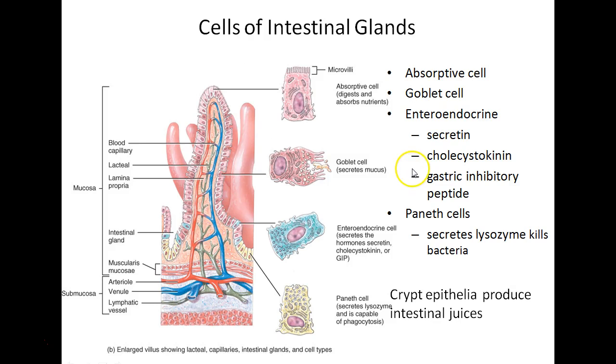And then also cholecystokinin is, by the way, abbreviated by CCK. These together are going to be hormones that decrease stomach motility and also secretion activities. And the next cell we might see in these intestinal glands are going to be Paneth cells. These are going to secrete lysozyme to kill bacteria. Lysozyme is a sort of enzyme that is able to break down the foreign bacteria.